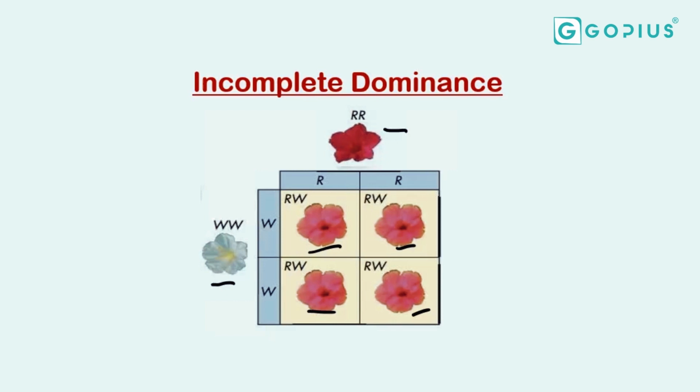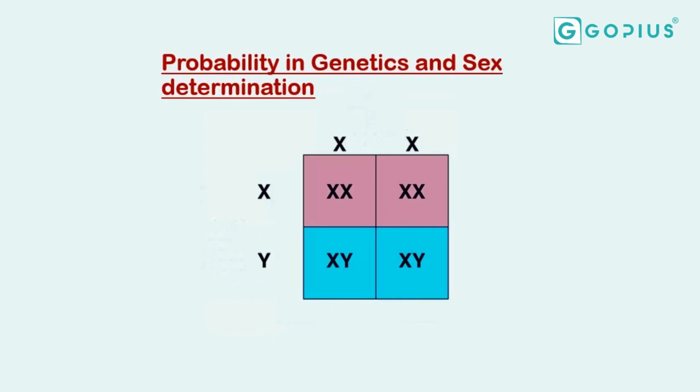Now, we're going to look at another aspect: probability in genetics and sex determination. Probability in genetics has a basis in the two laws: the first law, the law of segregation, and the second law, the law of independent assortment.